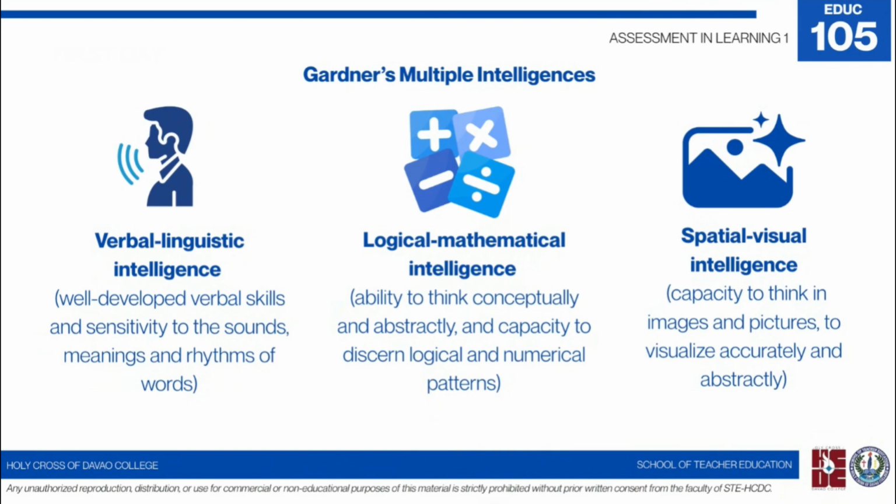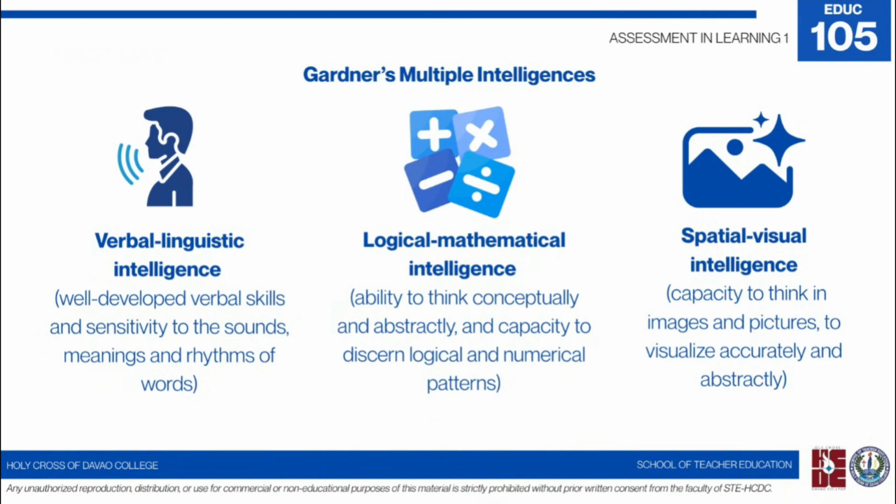So, students who are strong in this intelligence tend to love reading, writing, storytelling, memorizing words, and playing word games. So, they think in words rather than pictures. So, in the classroom, you will notice them as students who express themselves eloquently, enjoy debates, and can articulate their thoughts with clarity and precision.